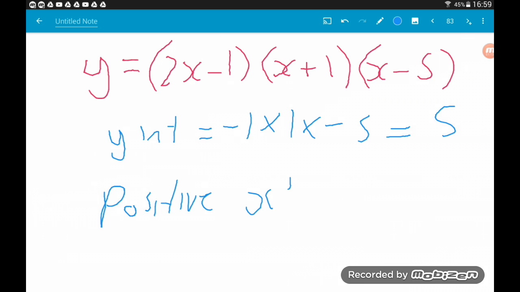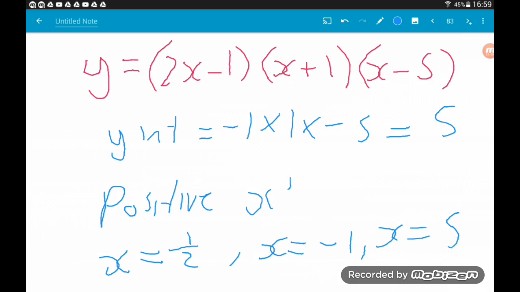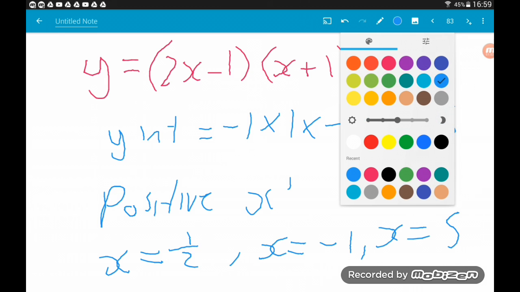So remember, to get the solutions, you set each bracket equal to 0 and then solve for x. So 2x minus 1 tells us x is equal to 1 half. x plus 1 tells us x equals minus 1, and x minus 5 tells us x equals positive 5. Okay, I got all the info we need.